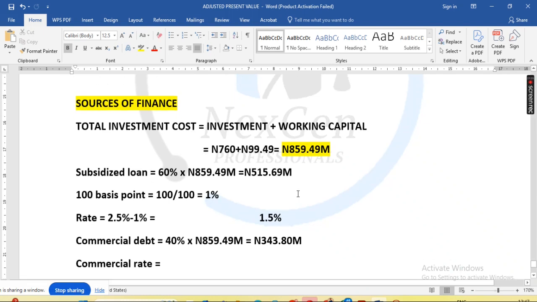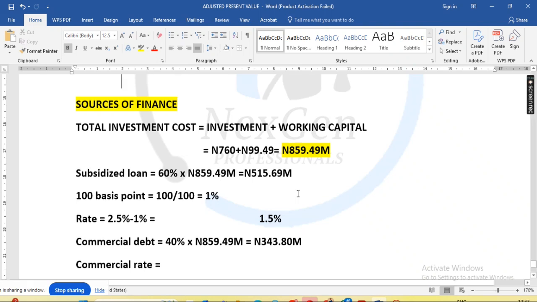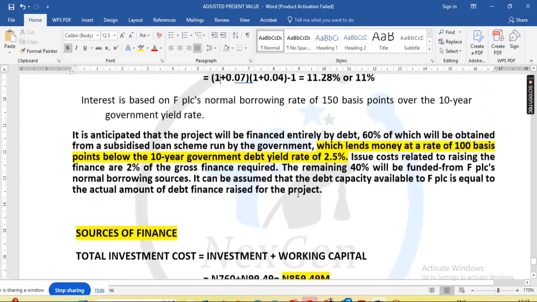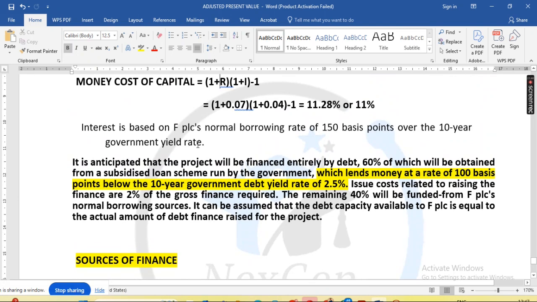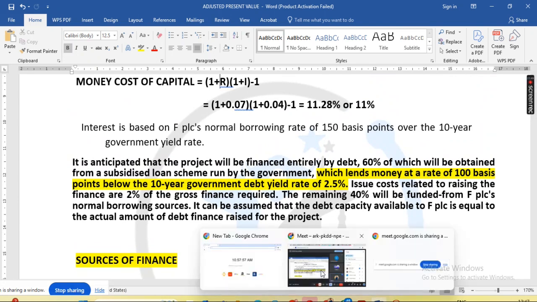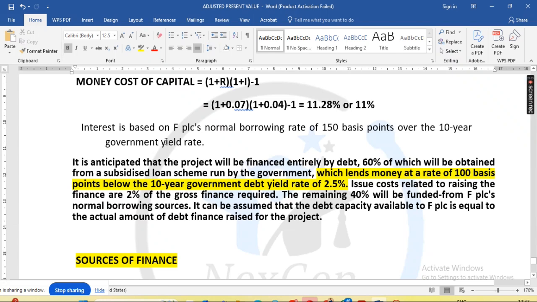Now, this is the rate. The question now is, which rate are we going to use? Because any rate we use should be higher than the subsidized rate of 1.5%. Before now, we were given that interest is based on FPLC's normal borrowing rates of 150 basis points over the 10-year government yield.